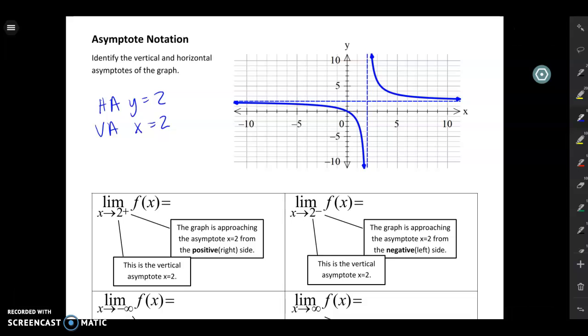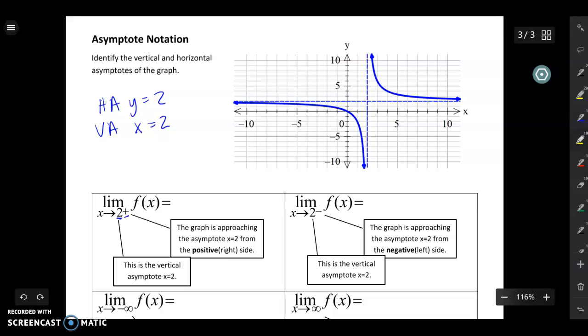So if you come down and look at this first box, I've got the limit as x approaches 2 with this little plus sign. This 2 means that the vertical asymptote is 2, and this plus sign means that I'm approaching 2 from the positive side, or from the right side.